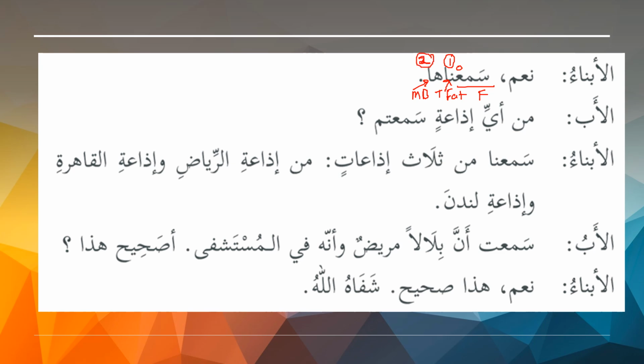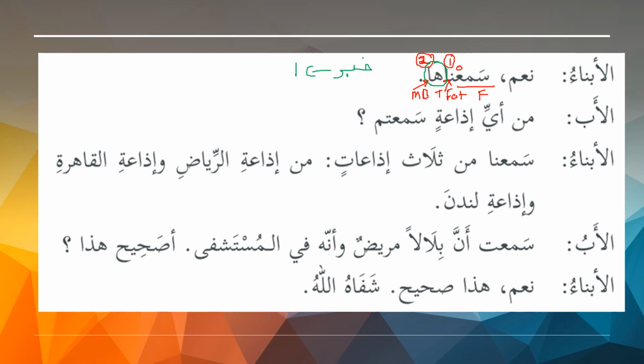So what will be the translation here? Sami'na, first translate sami'na, we heard, and what is the maf'ul bihi? Ha. So why is the ha coming as damir? Why has a feminine damir been taken? If you remember, I explained about the plural of khabar is akhbar.